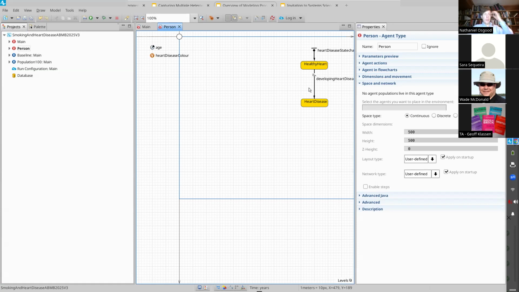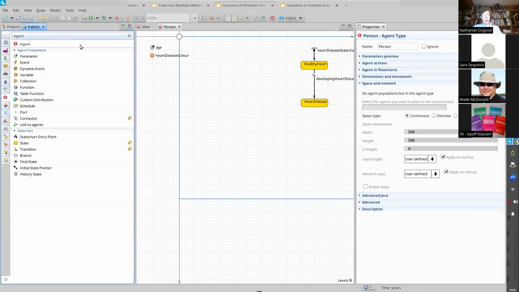And this is going to be something which will allow us to examine the effects of competing risks of developing heart disease and death. So we're going to go add in a representation of death within this model.